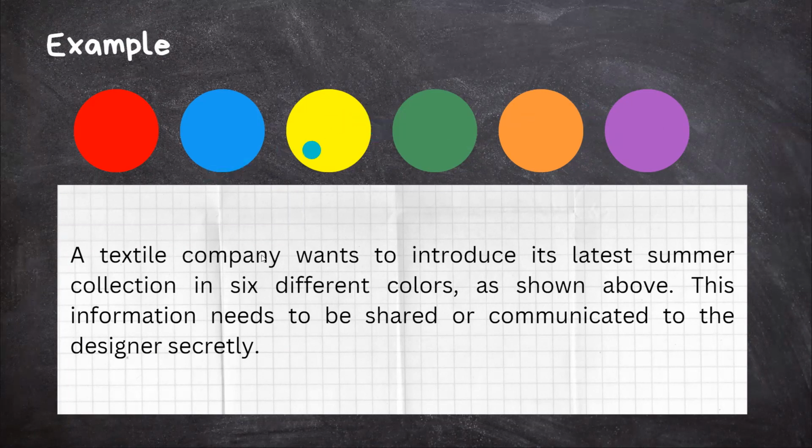And this information needs to be communicated to the designers secretly. So the textile company wants to communicate this information of these 6 colors to the designers secretly. They would have to use the encoding and decoding concepts to do that, and we'll be using coins and dice for our encoding and decoding purposes. Let's see how we're going to do it.